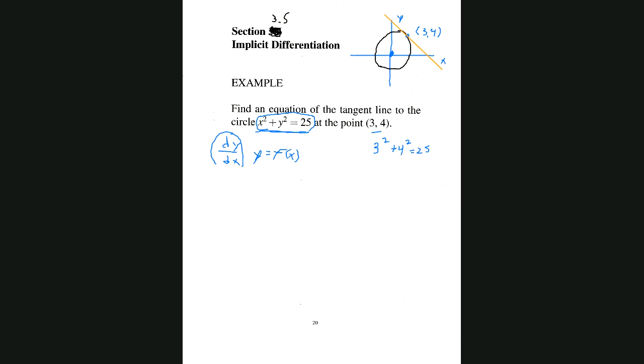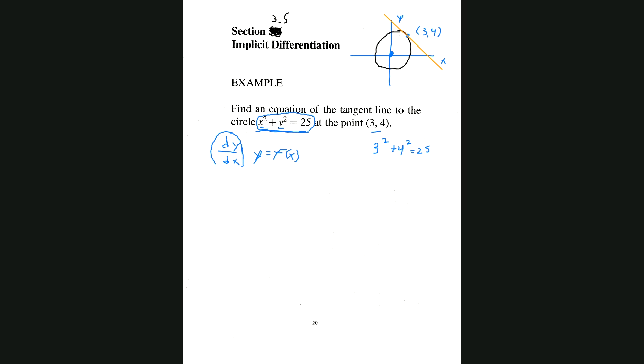So we need a way to handle this kind of situation. We understand that in x squared plus y squared equals 25, for every x value there's a y value. So y is implicitly a function of x.